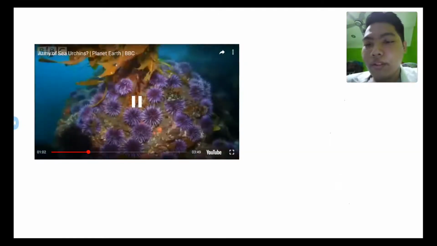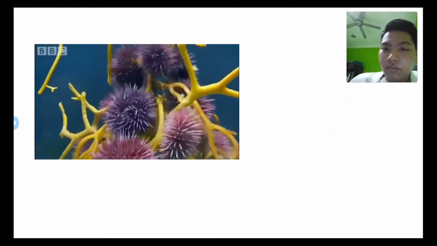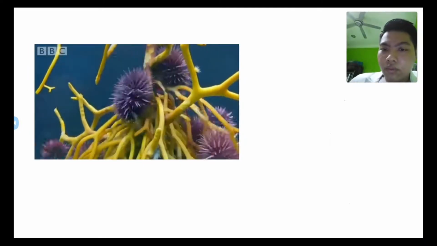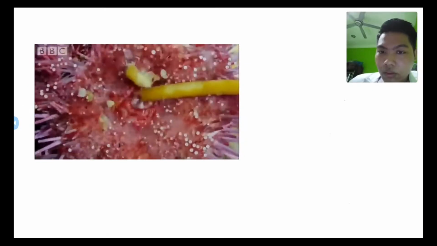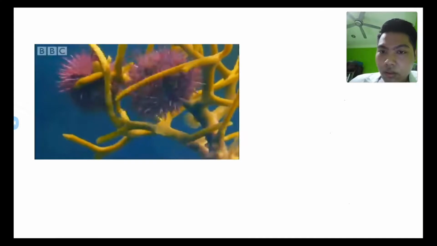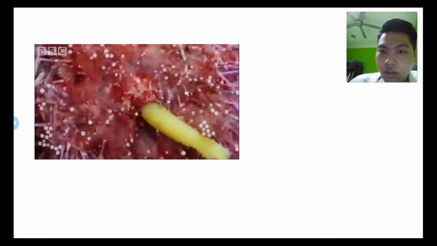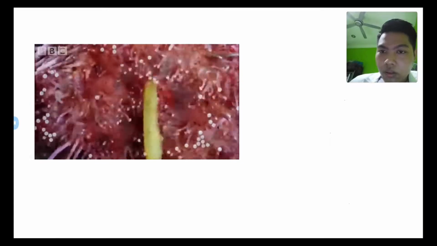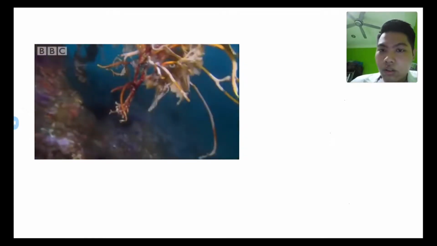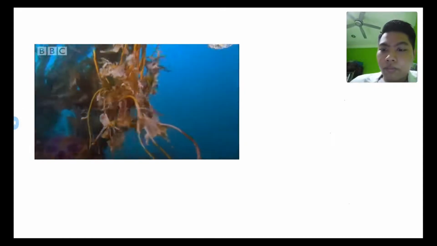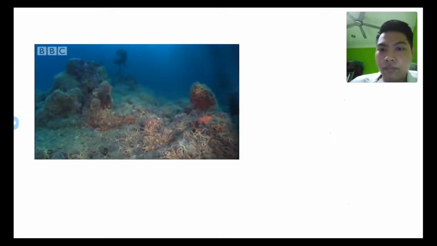Holdfasts are extremely tough, but each urchin has 5 teeth which are self-sharpening and are replaced every few months. Urchins fell vast areas of kelp forest, creating clearings known as urchin barrens.